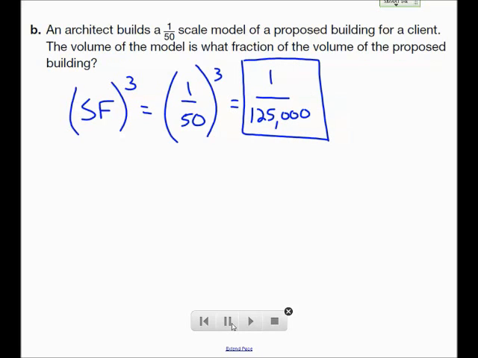So the model's volume is 1/125,000th of the original building. Okay, if the dimensions are 1/50th, then the volume is 1/125,000th. Just take the scale factor and cube it.